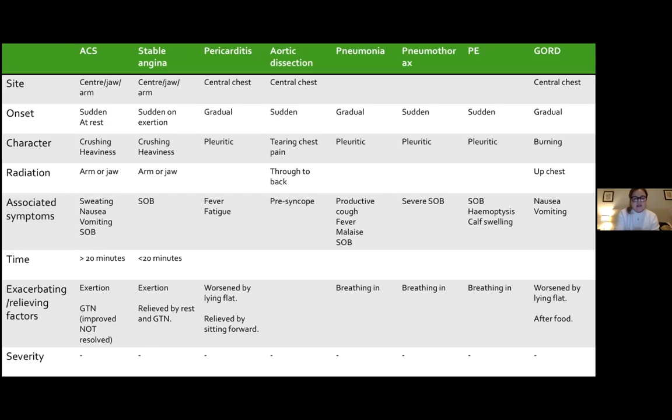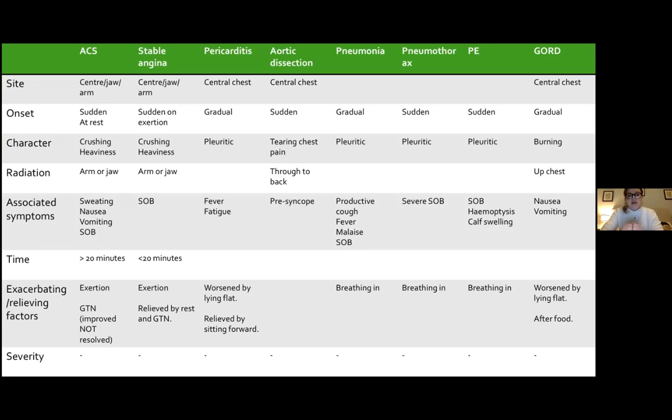And then you want to ask, did the chest pain come on suddenly, or was it more gradual? Your sudden causes are ACS, stable angina, aortic dissection, pneumothorax, and PE. Ask what type of chest pain it is. So the different types of chest pain that you could offer up to them: did it feel like a crushing chest pain, heaviness, tearing, pleuritic, so pain when you breathe in, or burning?